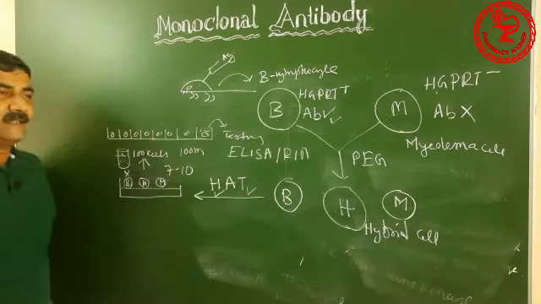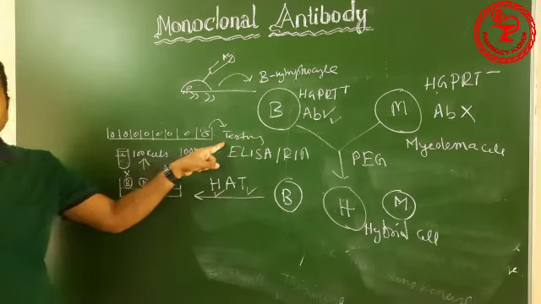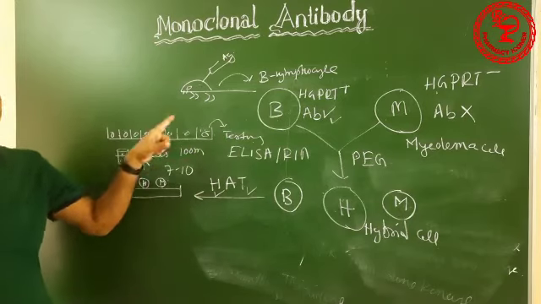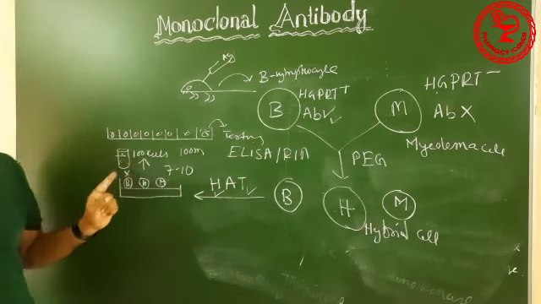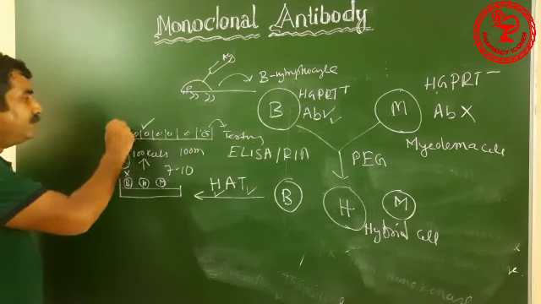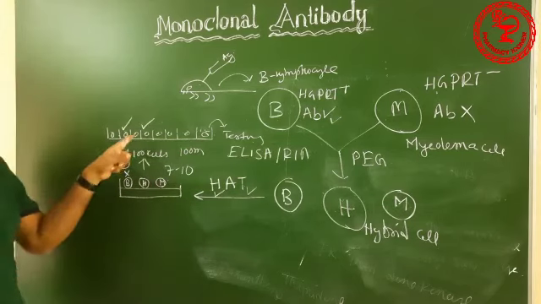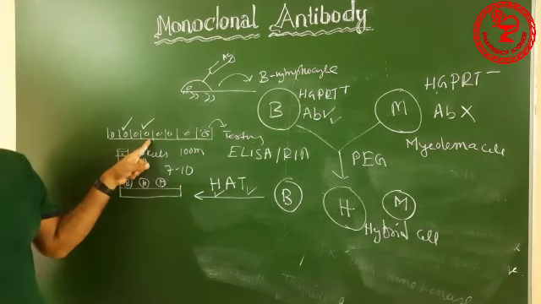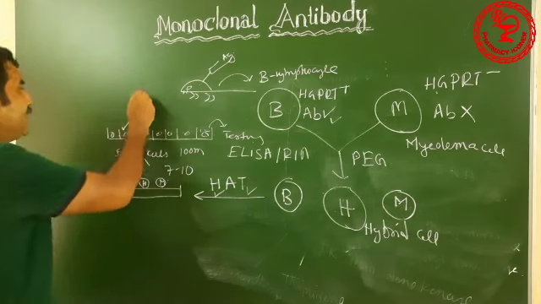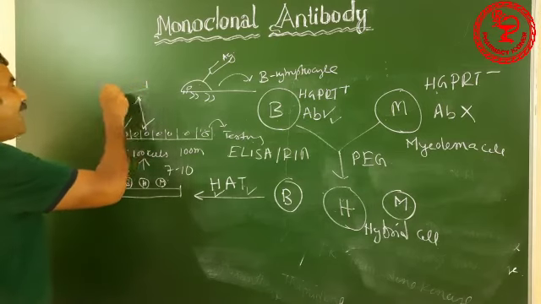Tested for what? Tested for the presence of the desired antibody. Suppose this well is found to produce the desired antibodies. So now these cells are collected and cultivated.